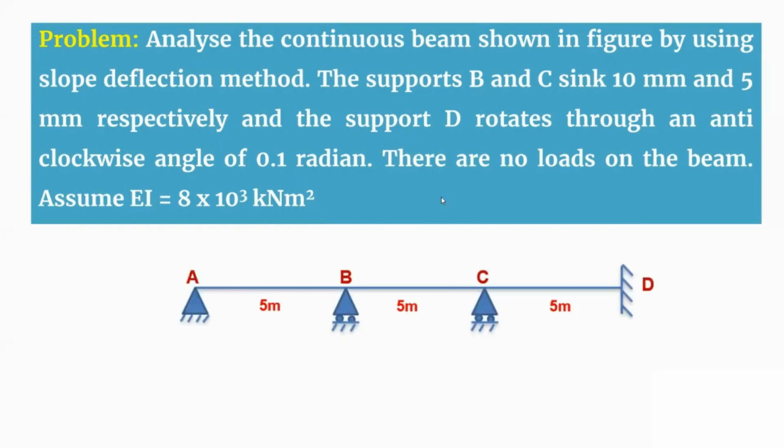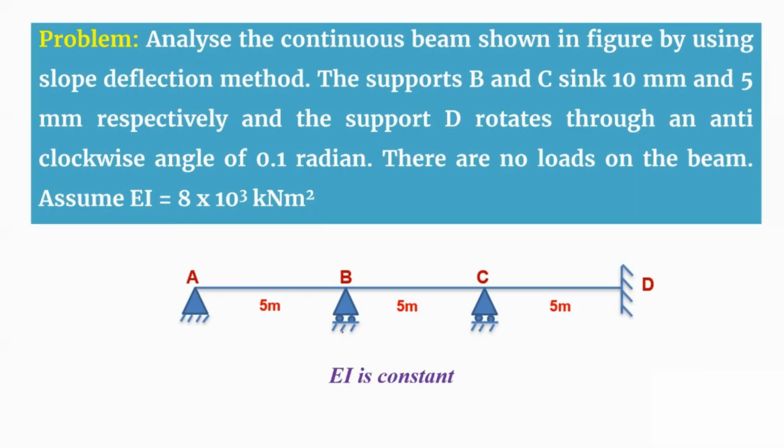This is the given beam and there is no loading at all, and EI is constant. Each span of the beam is 5 meters: AB is 5 meters, BC is 5 meters, and CD is 5 meters.